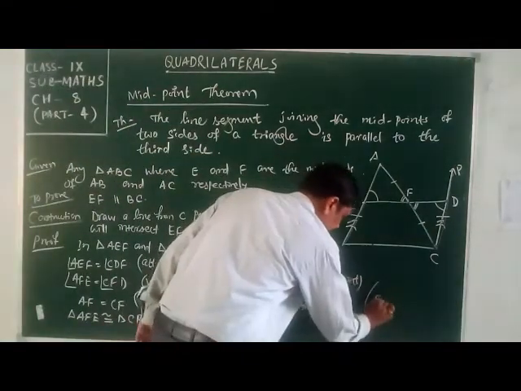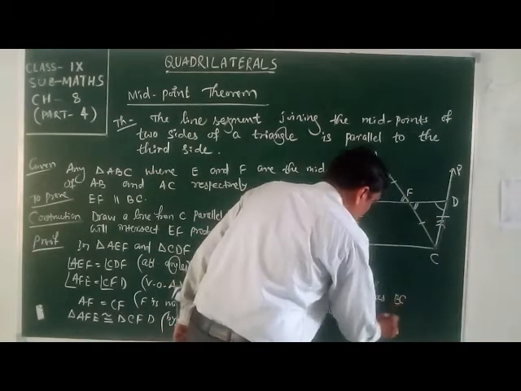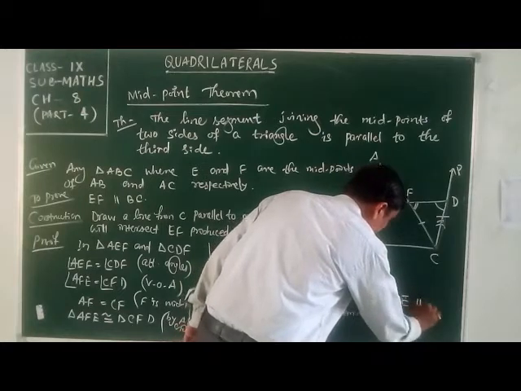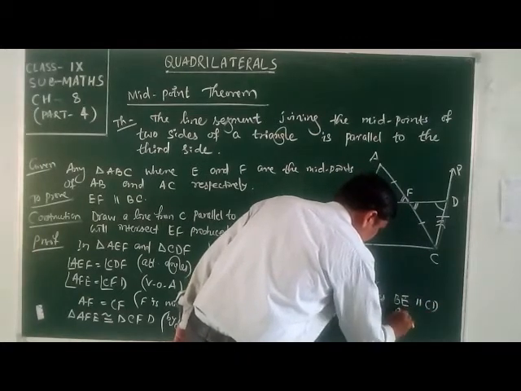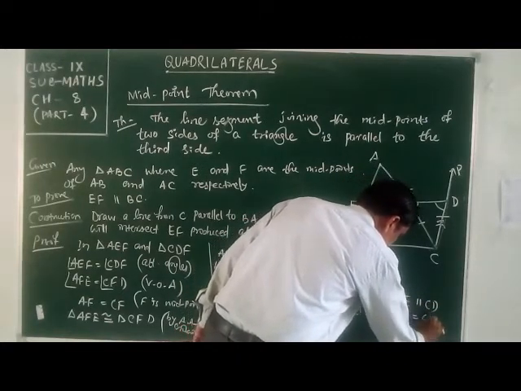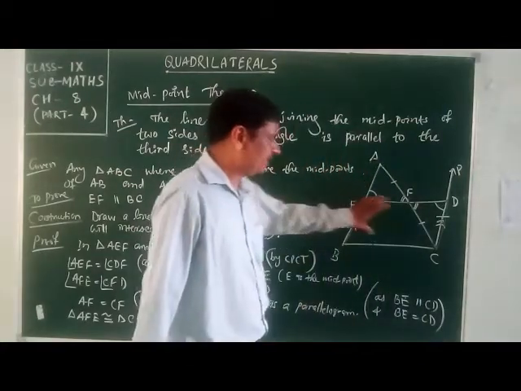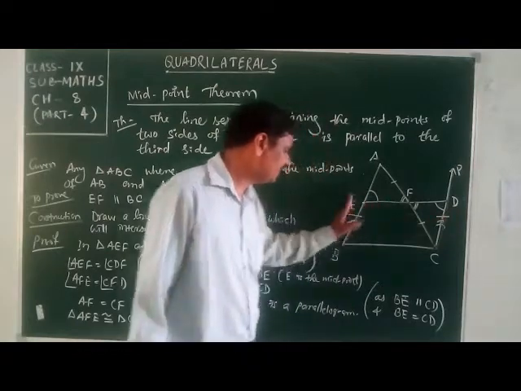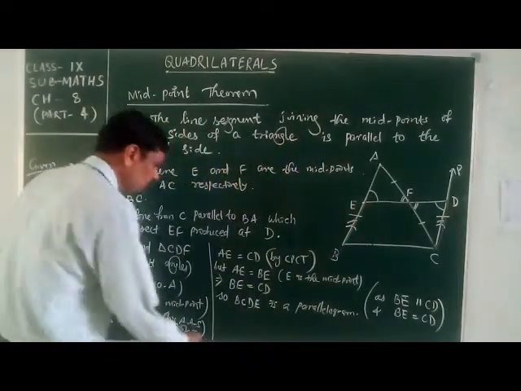BE is parallel with CD and BE equals CD. So BCDE is a parallelogram.